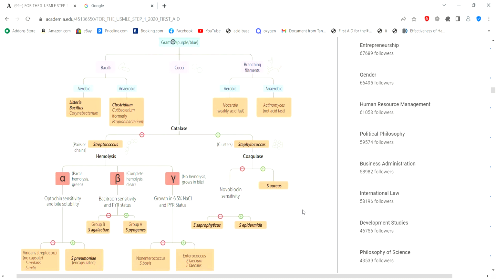Nocardia is acid fast because they have mycolic acid in the cell wall. Remember, mycolic acid in the cell wall for Nocardia. And anaerobic does not use oxygen. Actinomyces is not acid fast because there is no mycolic acid.